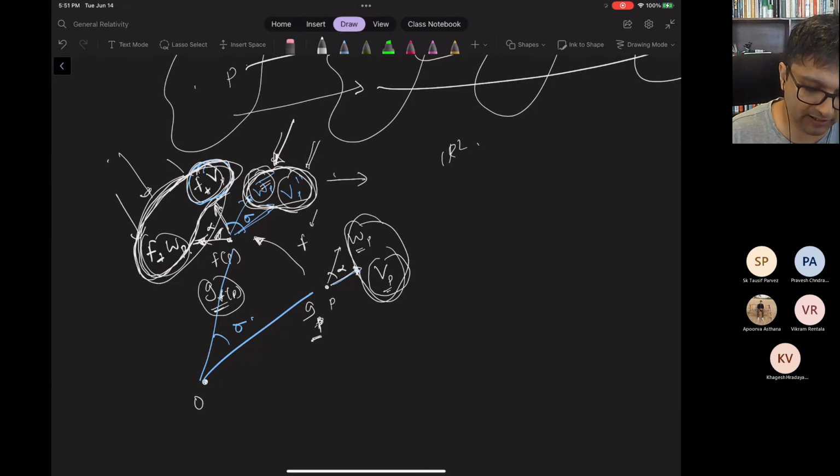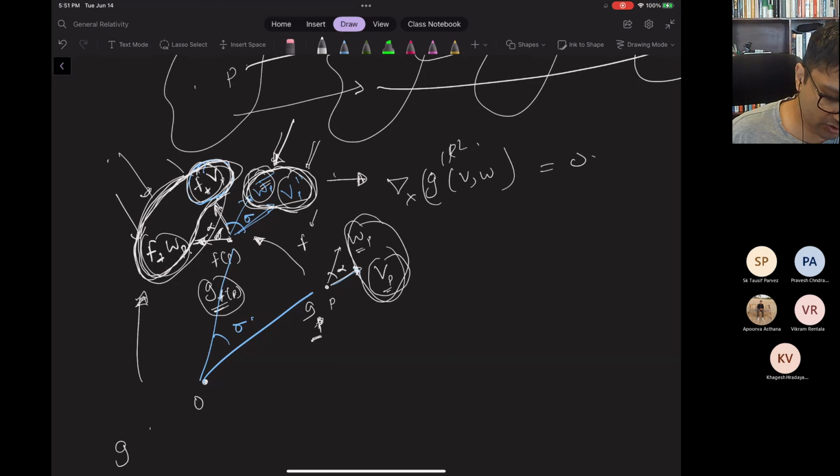So the fact that this inner product is preserved is the condition that the derivative of G(V,W) along some path is 0. I've not specified which path, but whatever path it took me to get here, this is 0. And this is the condition that the Lie derivative of G is 0.